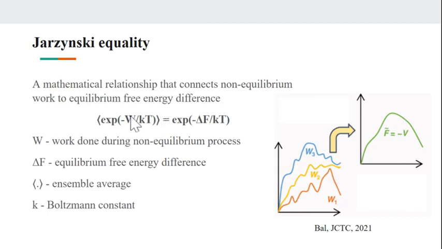So, with this equation, we can go from non-equilibrium work measurements that are obtained from a steered molecular dynamics simulation with multiple realizations of the work. We can go from these works that we have calculated to the free energy surface that we are interested in understanding.